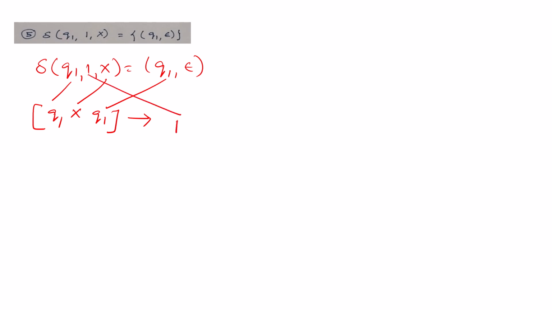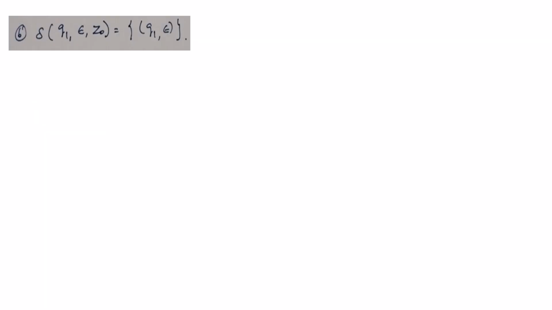So the next production is we are having a transition δ(q1, ε, Z0) = (q1, ε).